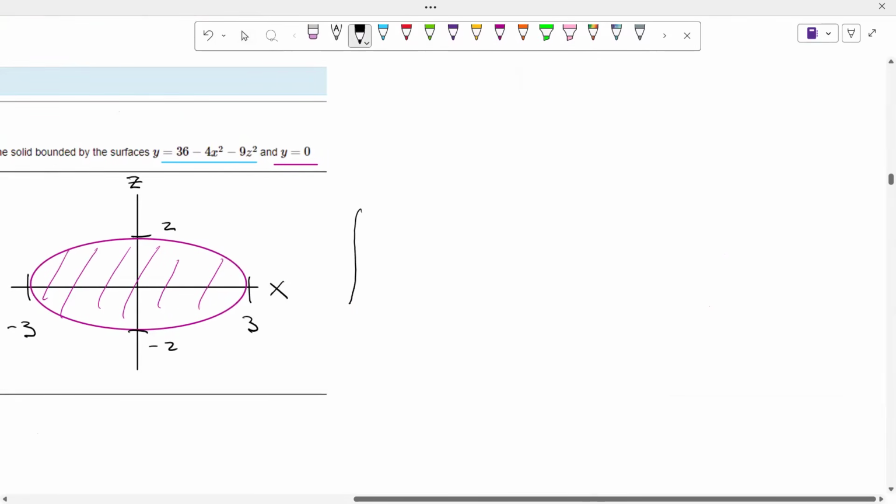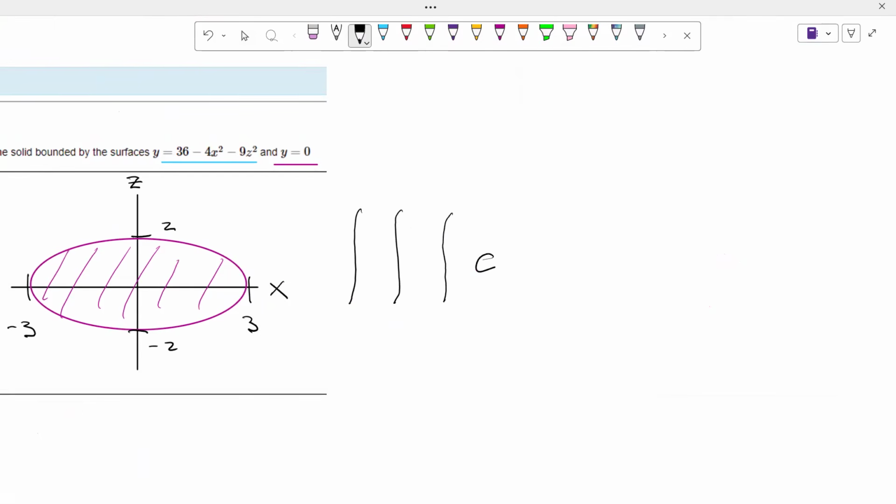Let's just write out a triple integral, f dy dz dx. So y, we know it's going to go from 0 to 36 minus 4x squared minus 9z squared. There we go.